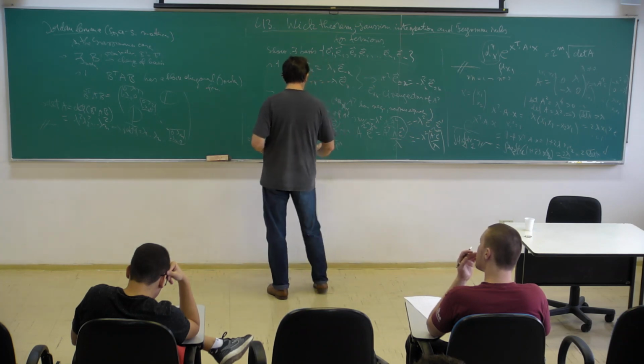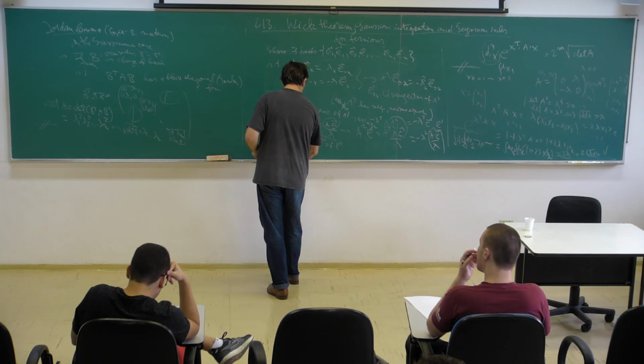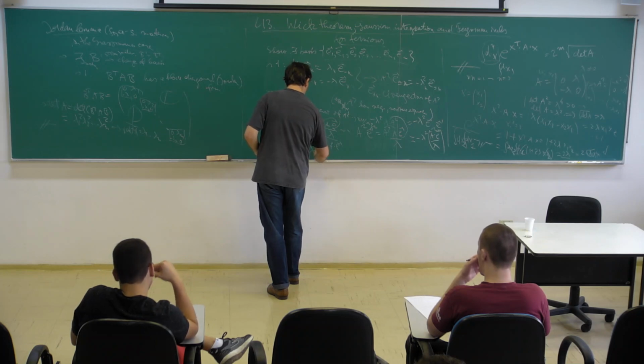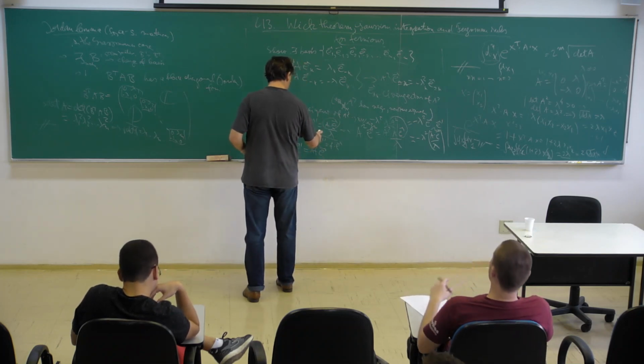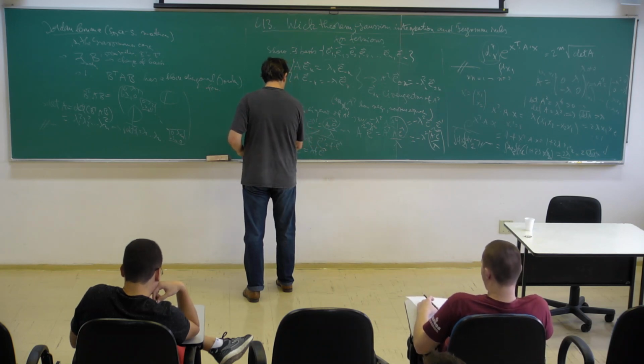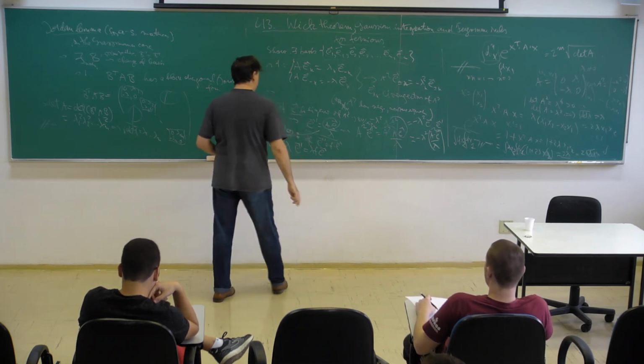AE is equal to lambda E prime, but then E prime is FE, so this would be lambda F E on one hand. So this is using this.